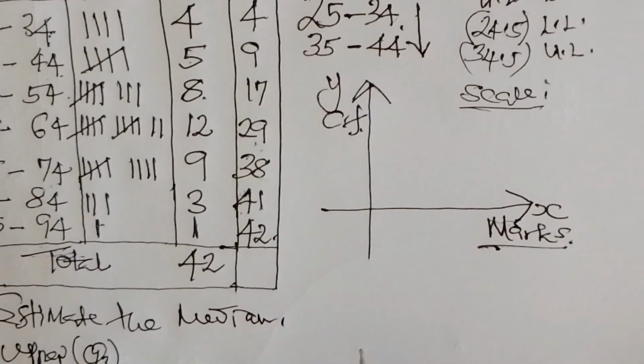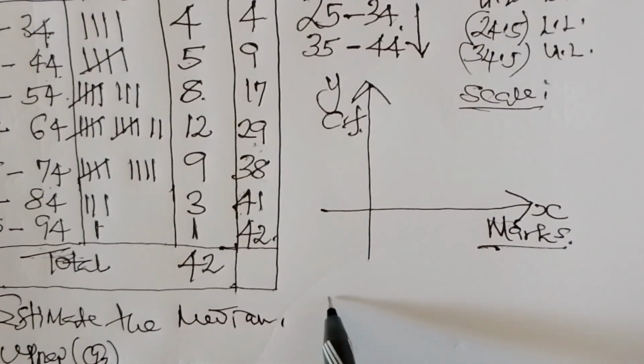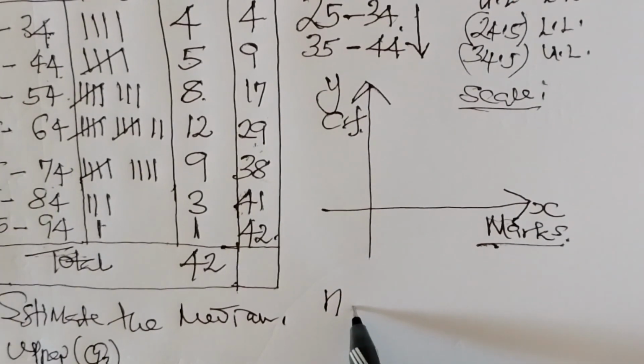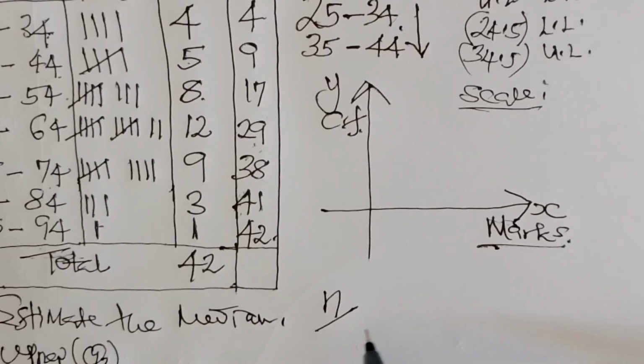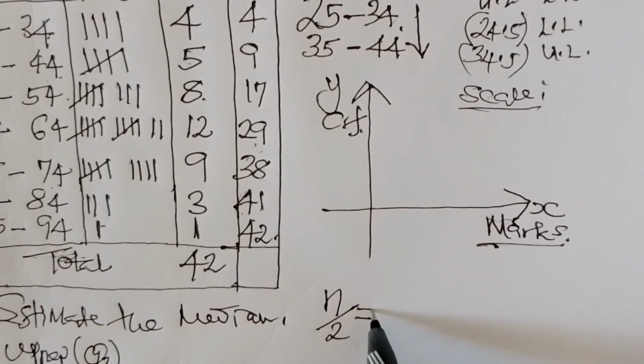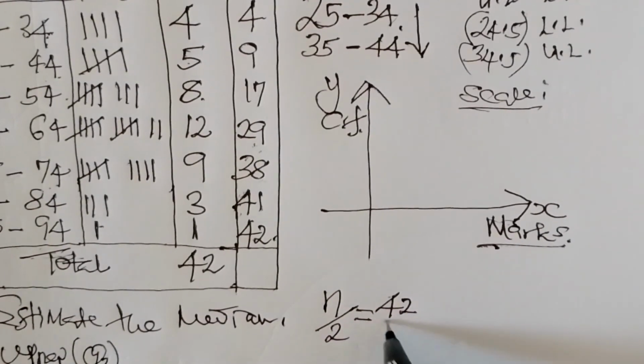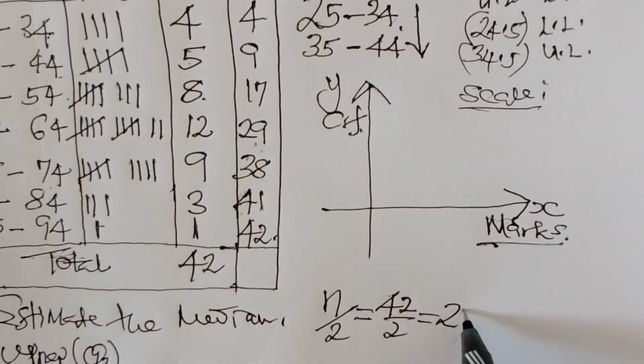So for us to get the median, we know that the median in this particular case is the position that will divide our data into 2 equal halves. So when we get n over 2, this will give us 42 divided by 2, which gives us 21.